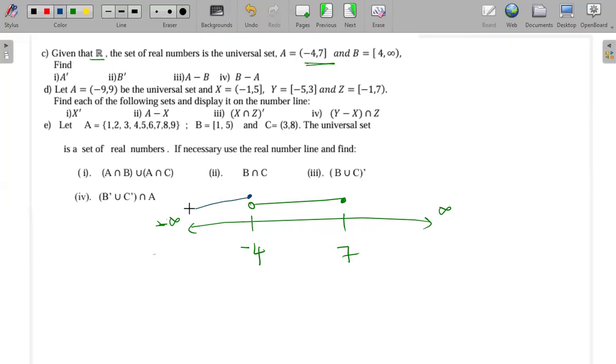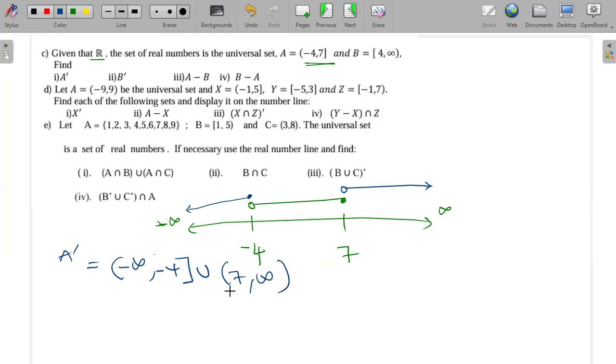So all the way to the negative side, and at 7 it's going to be open and all the way to the right. So in short, A complement is going to be negative infinity, open there, to -4 closed, union, because I'm joining these two parts, 7 open, and all the way to infinity. So this is my A complement.